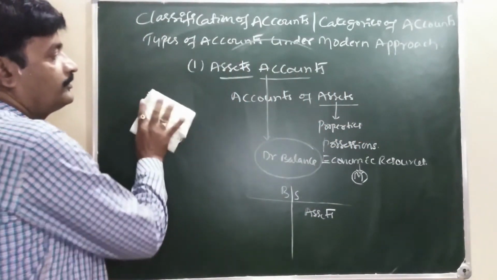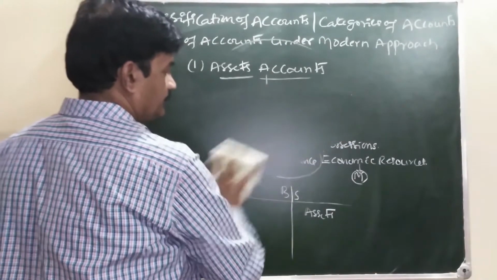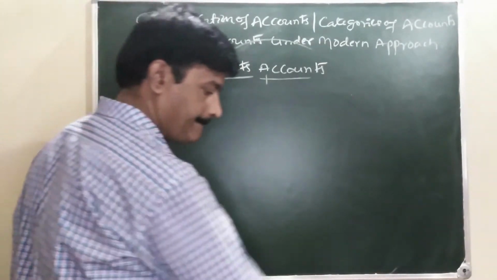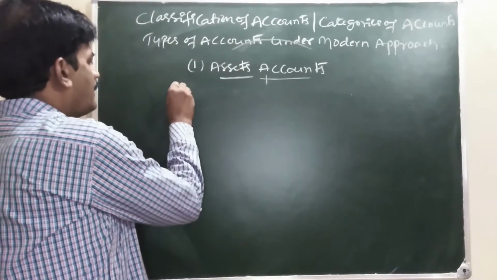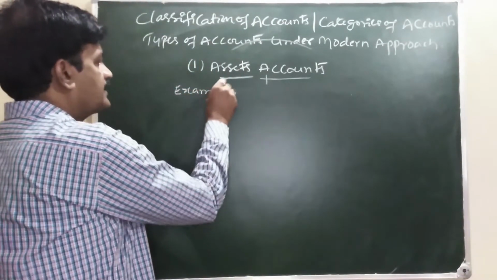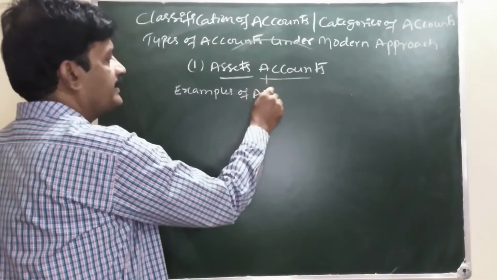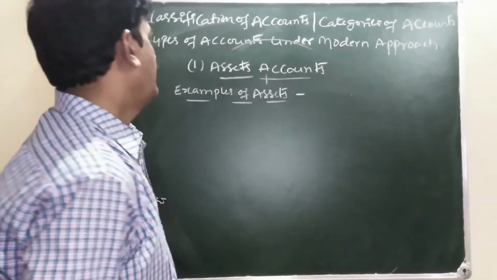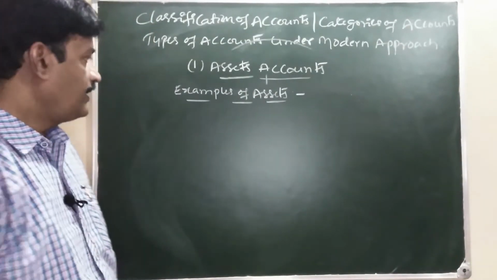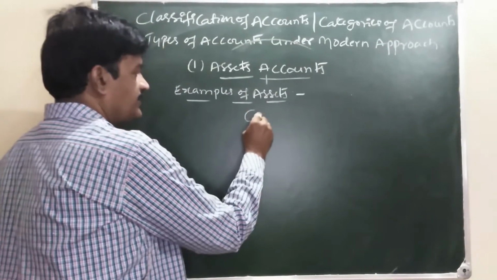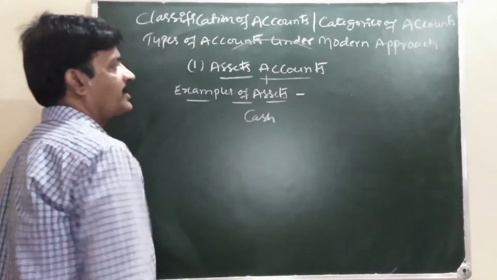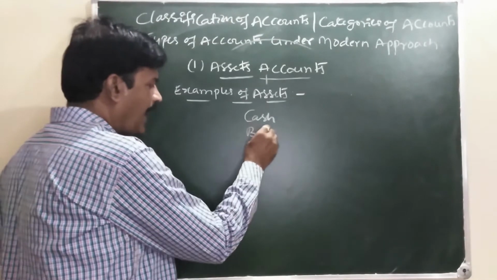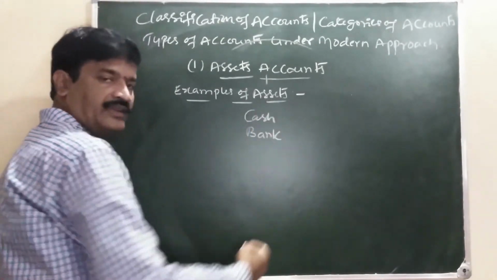Now, examples of assets. Cash. Cash comes in asset. Bank comes in asset.